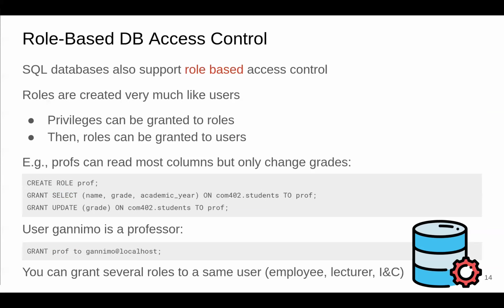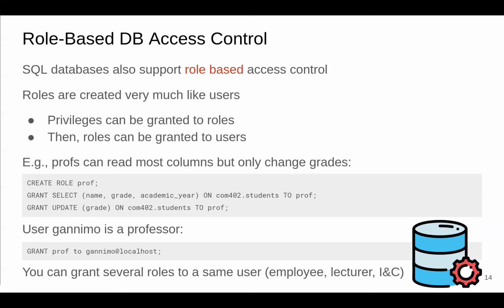So SQL databases also support role-based access control, where you can create individual roles, which are created very much like users. Create role professor, grant select to all of these targets, grant update, and so on, where we just create a role professor with a certain amount of privileges, and then we turn me into professor, which allows access to this local bit of information.